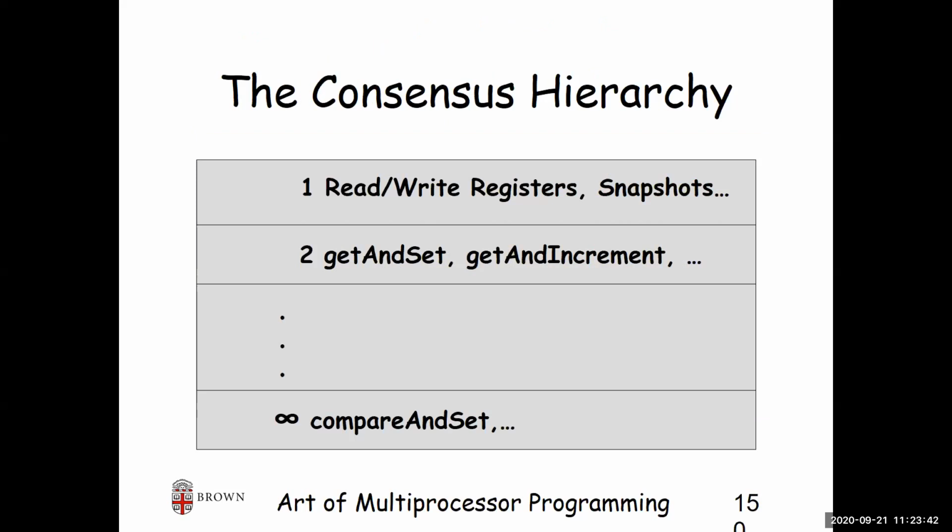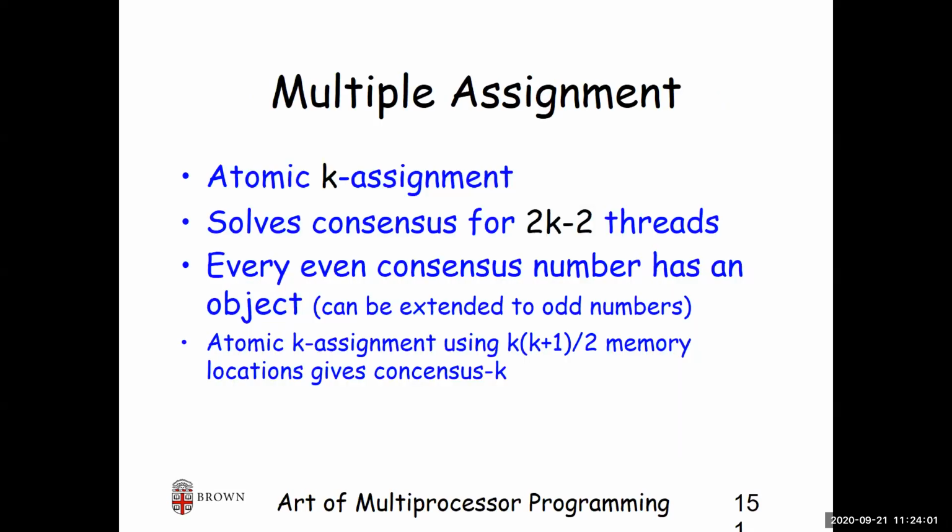So the consensus hierarchy looks like this. We have read-write registers, which are one thread, and we have get and set and get and increment, which give us two-thread consensus. And then we have compare and set, which gives us infinity. We had multiple assignment. Now, before, what we did is we did a two-thread consensus model using a write to three memory locations.